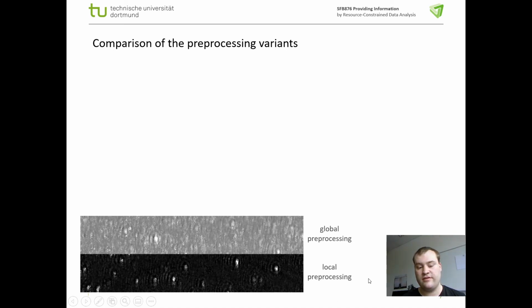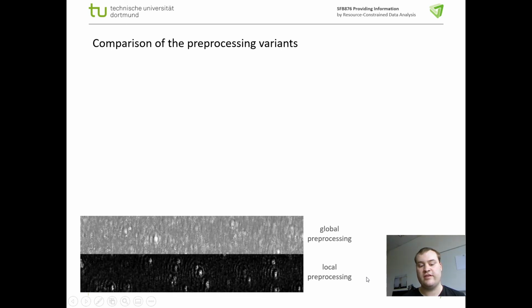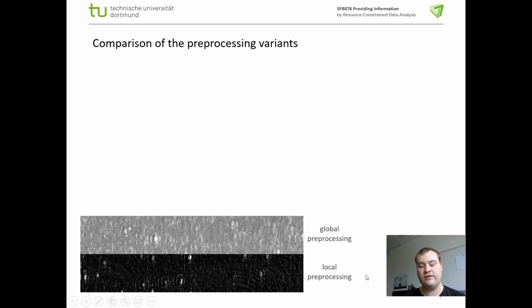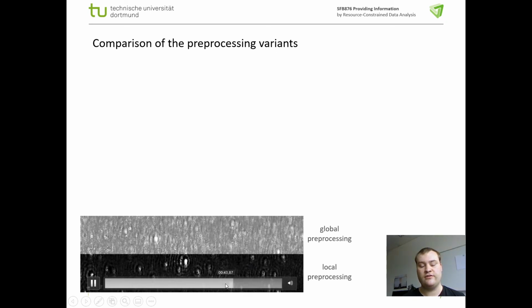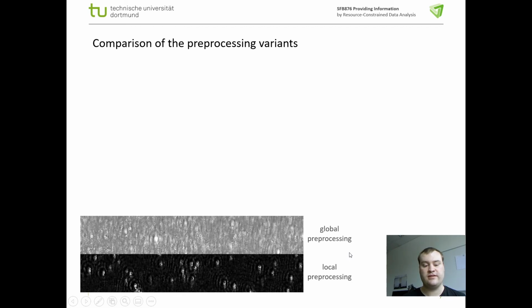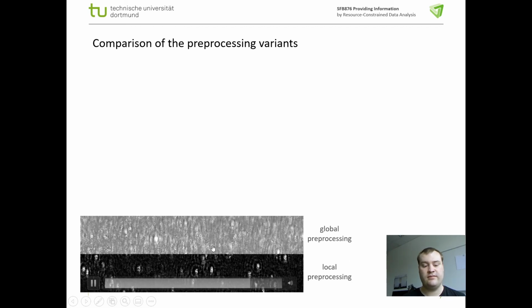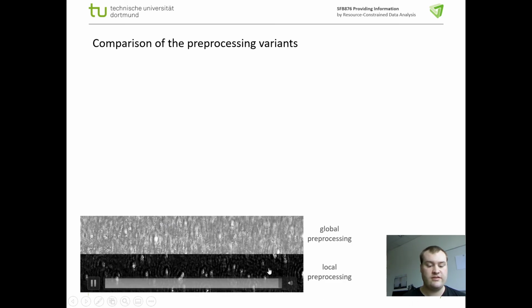This is the thing that makes it difficult to determine whether it's a particle or not on the temporal side, but it becomes a lot easier over time to detect new particles. While the image above is full of particles, we cannot really tell where a new particle attaches. In the local preprocessing variant, this is no problem.